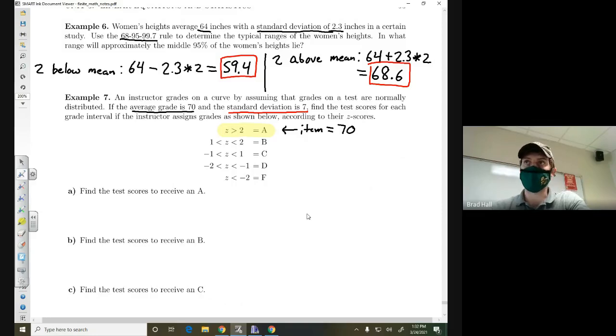And since we have a positive z-score, this means that we are looking at 2 standard deviations because the z-score is 2. And since the z-score is positive, this is 2 standard deviations above the mean. So we're adding, well, the standard deviation is 7, and we're doing that twice. Again, 7 times 2 or 2 times 7, same thing. So it's just 70 plus 7 times 2. So that's 70 plus 14, that's 84.